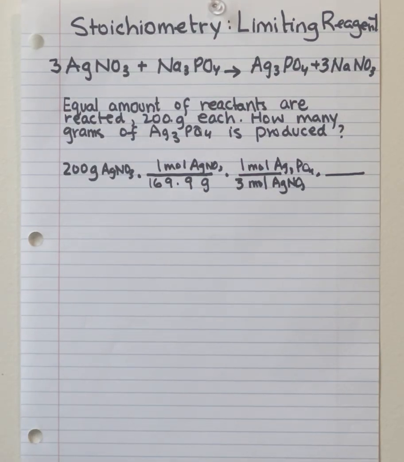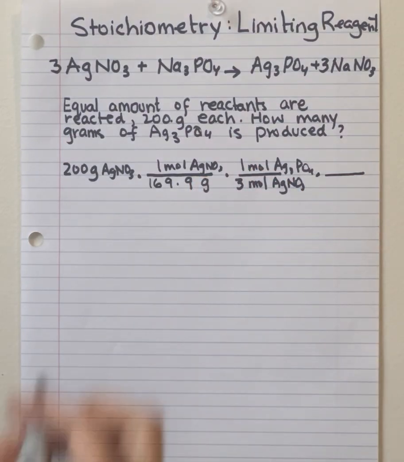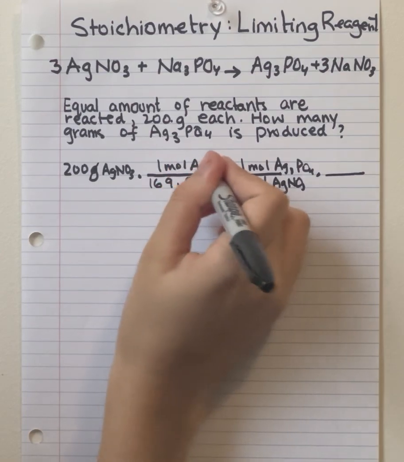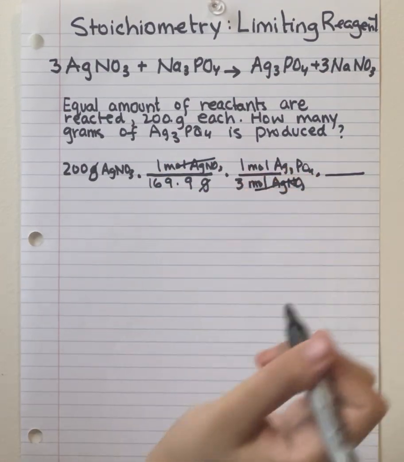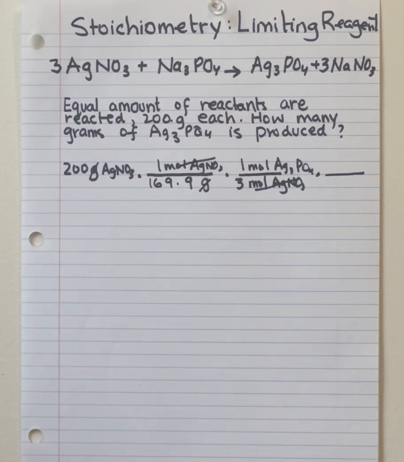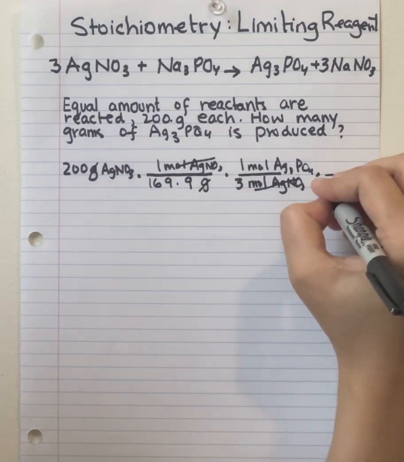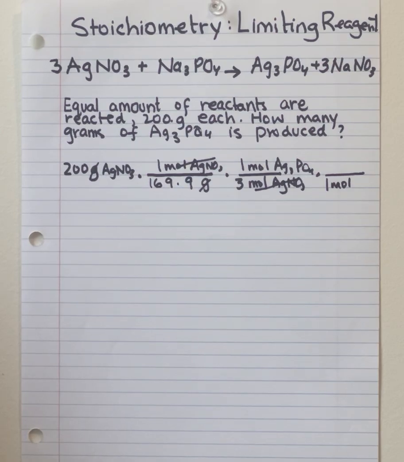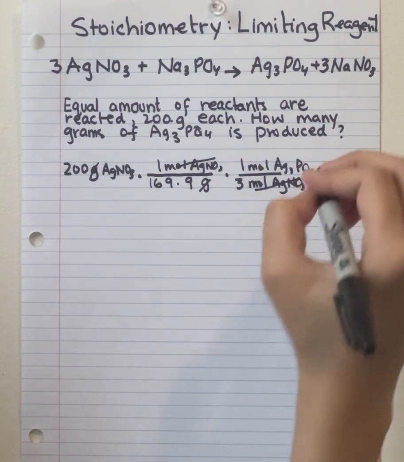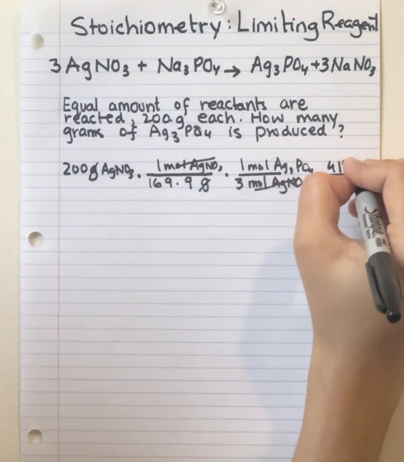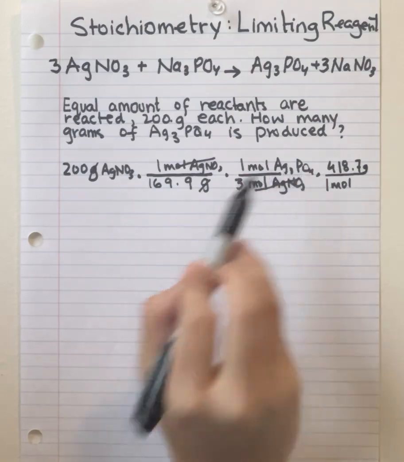Now, we have to convert our moles to grams. We're going to keep canceling the units, so grams get canceled. Moles of silver nitrate get canceled. Now we're left with moles of silver phosphate. We will have to convert it to grams. In every 1 mole of silver phosphate, we have 418.7 grams of silver phosphate.